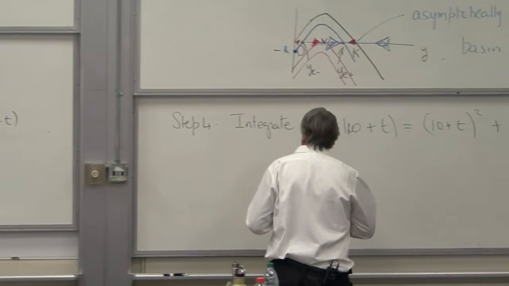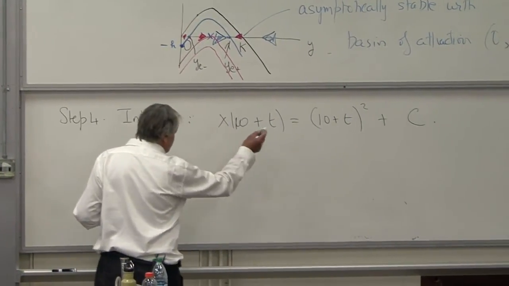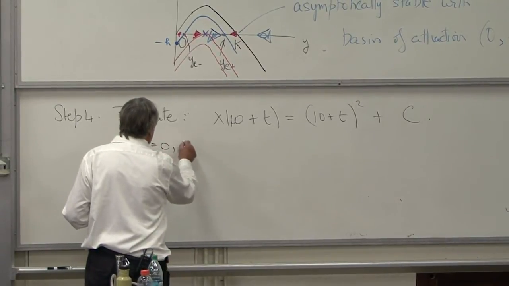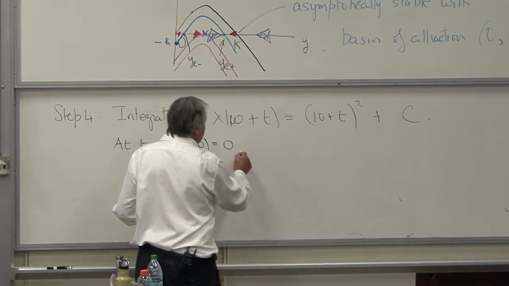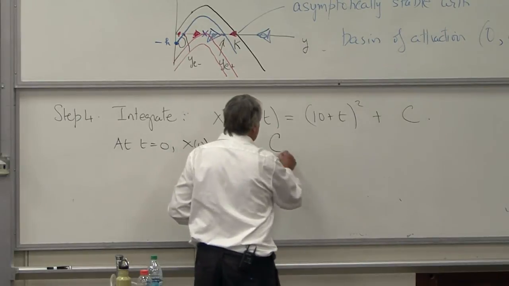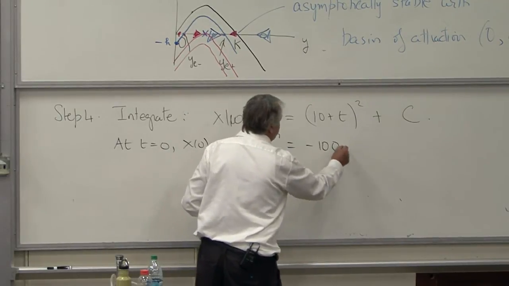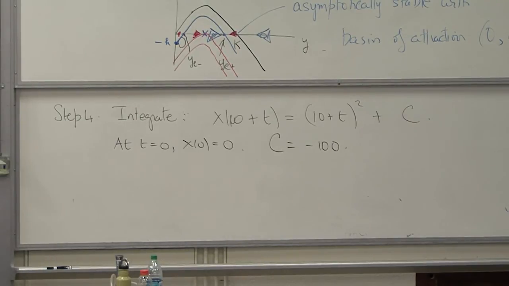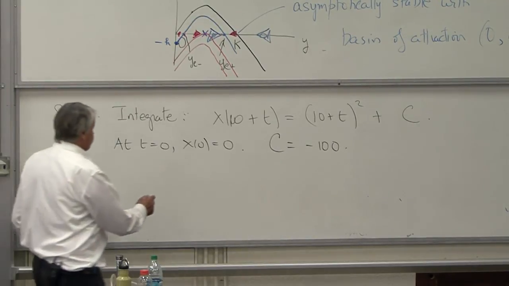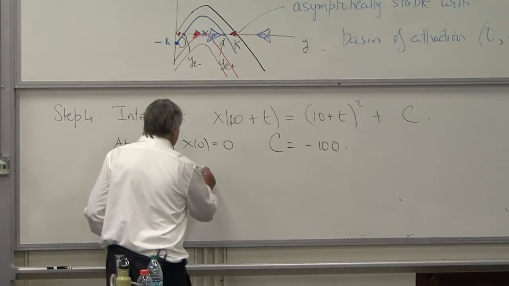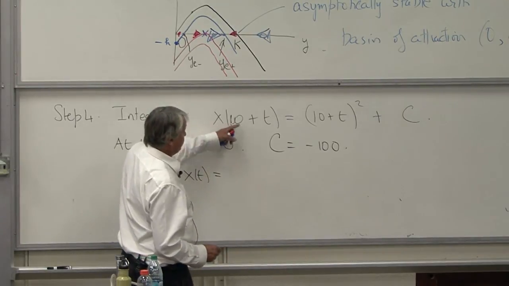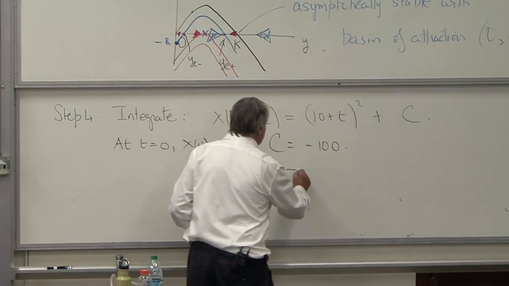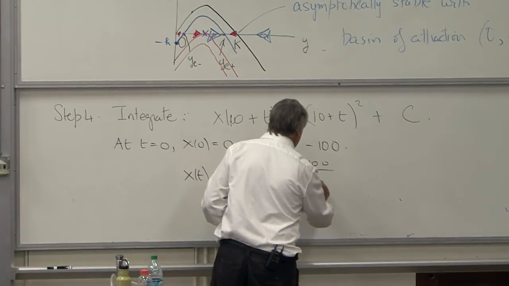Now, to solve this, to get the c: at t equals 0, x of 0 is 0, and so therefore c is minus 100. So therefore x of t, dividing across by the 10 plus t, will be 10 plus t minus 100 over 10 plus t.